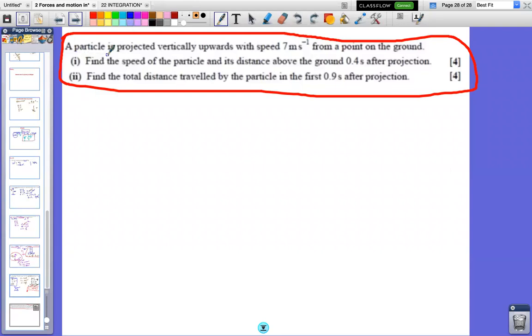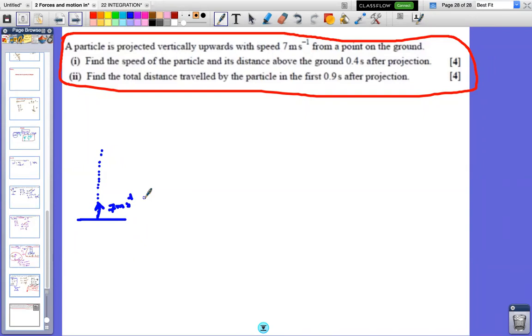We are told that a particle is projected vertically upwards with speed 7 meters per second from a point on the ground. So from a point on the ground, the particle is projected upward. And the speed with which it is projected here is 7 meters per second.